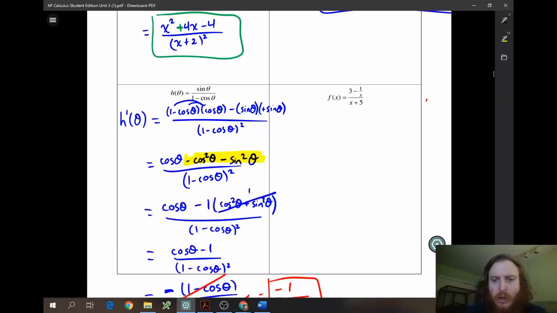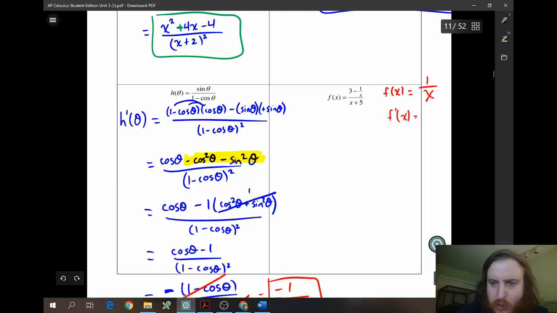So I'm no longer going to rewrite that as x to the negative first. I'm just going to memorize that if I ever have f of x equals 1 over x, I can apply that reverse power rule: multiply up, switch my sign, and add on. So that's what I'm going to be using from now on.